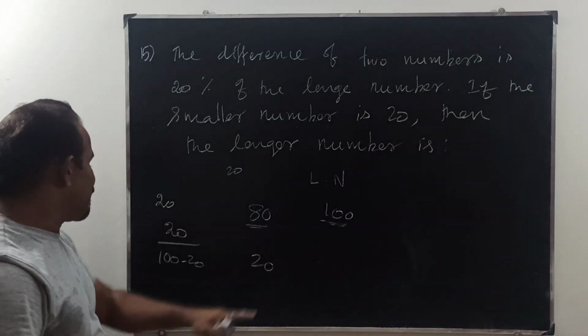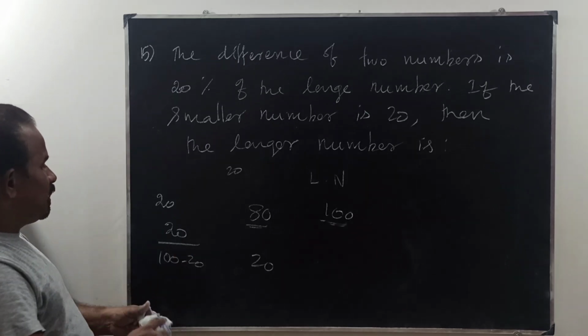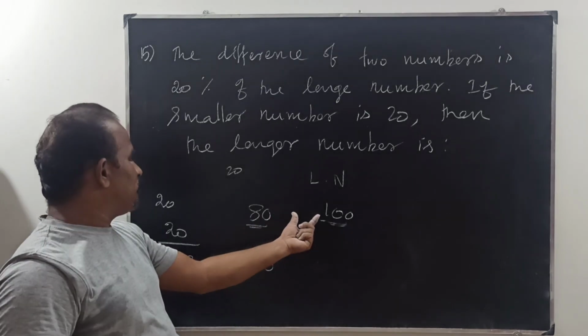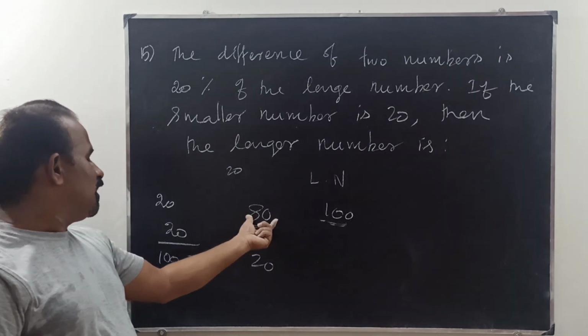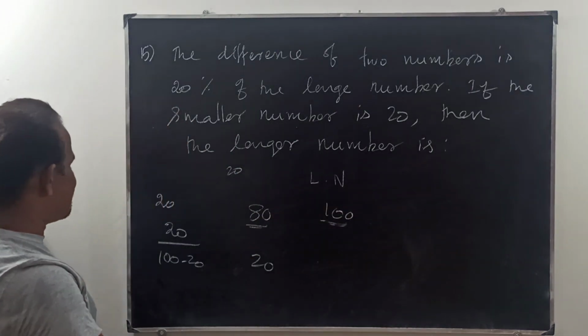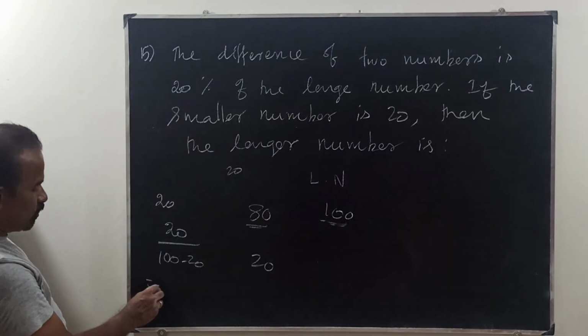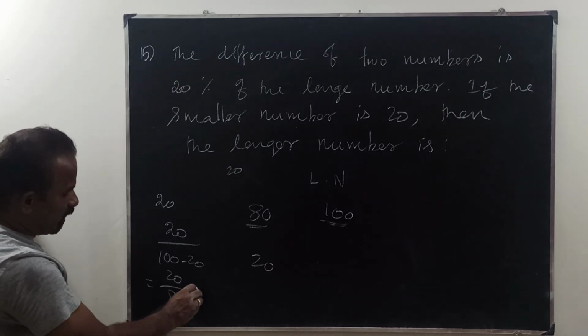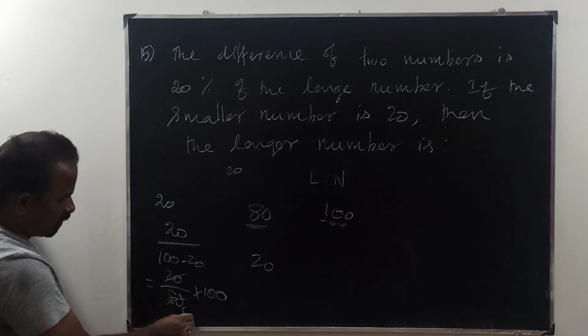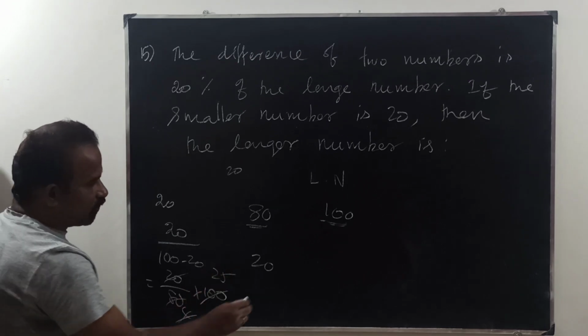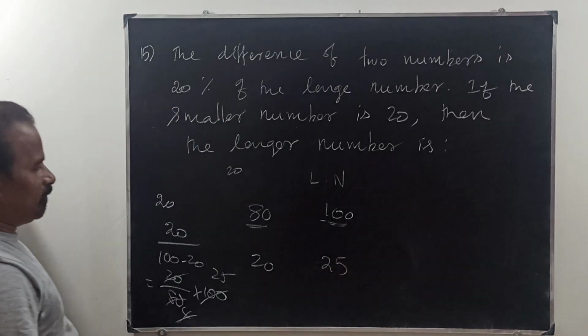So how much greater than? 20 divided by 80 into 100. So therefore this is 1/4, which is 25. Therefore the answer is 25. Clear?